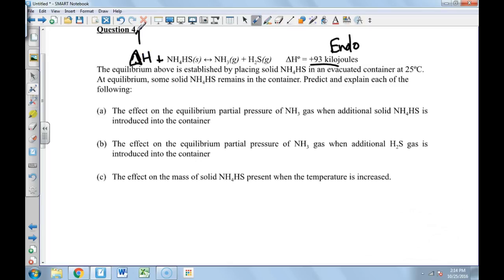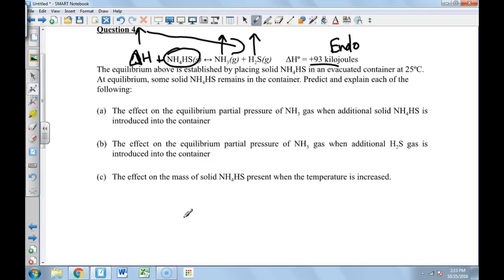So when we increase the temperature, the reaction is going to shift away from the heat, and it's going to make more products. But in order to make more products, you need to use up NH4HS. The products don't just form out of nowhere. We need them to come from somewhere.